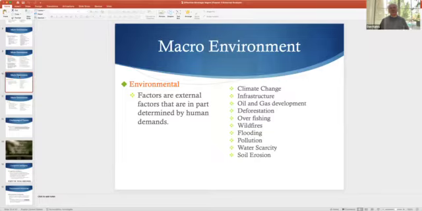In addition to that, what about infrastructure? The support of infrastructure for the environment. Oil and gas development. How is that being monitored? Are we watching how the oil and gas is being developed? Are we polluting areas because of our development of oil and gas? Certainly deforestation is important.